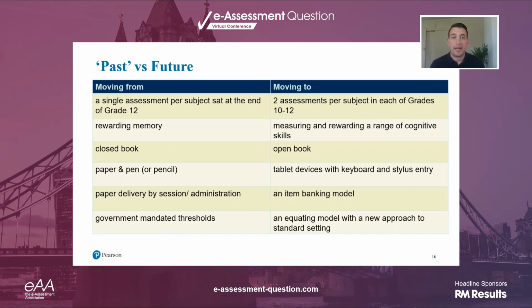We're moving from paper and pen to tablet devices with keyboard and stylus entry. We're moving from a series-based or session-based paper delivery to a model that is supported by an item bank. And we're moving from government-mandated thresholds through the use of psychometric measures to an equating model using a new approach to standard setting.